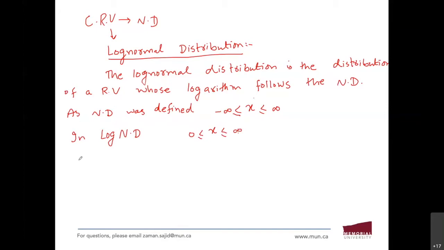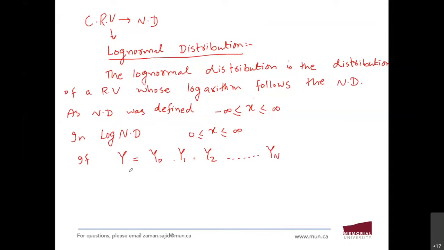Now if y is equal to y naught times y1 times y2, and we take this product up to n values of y.